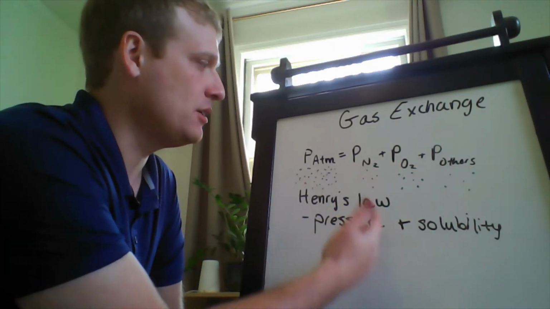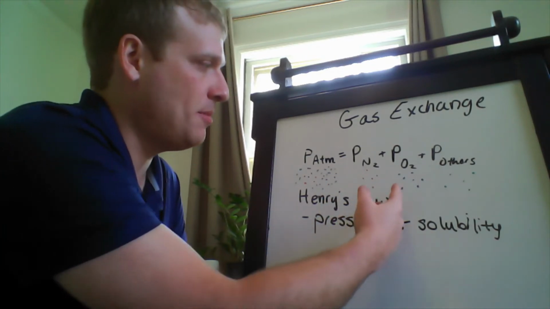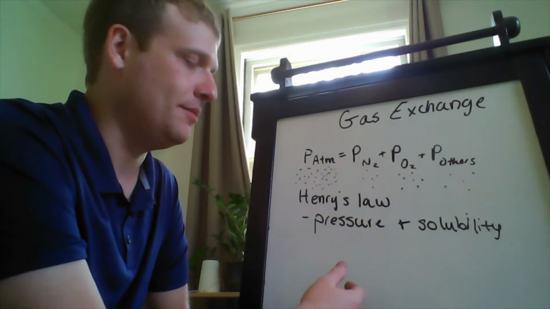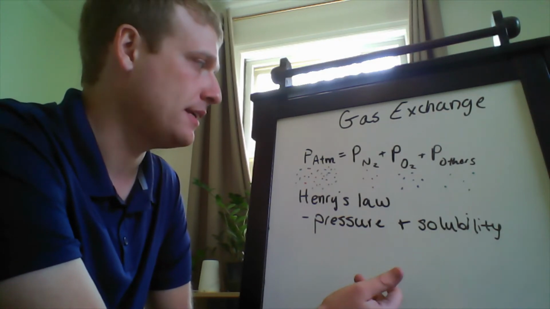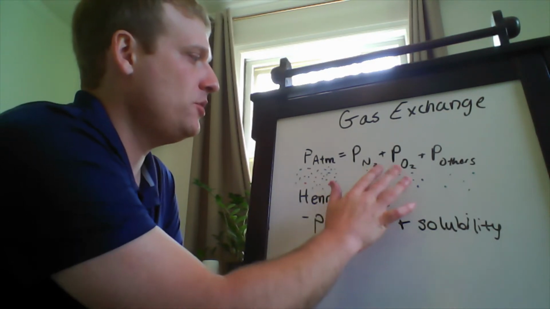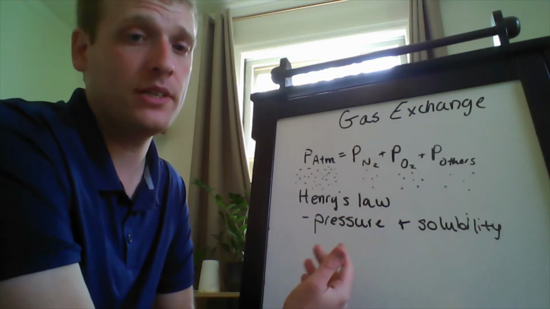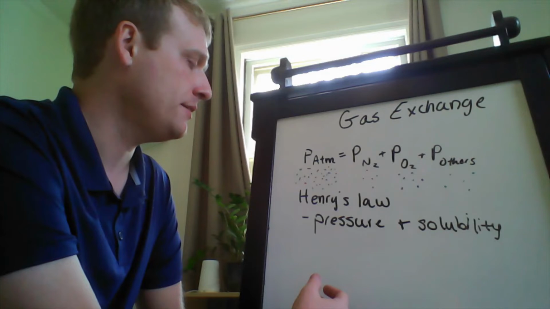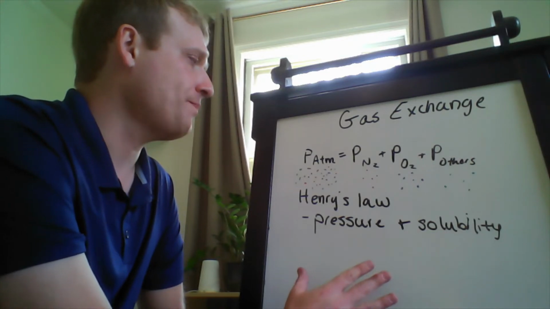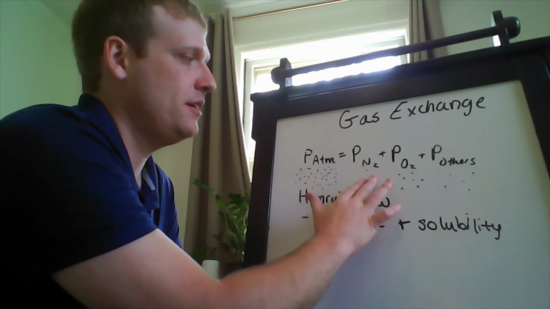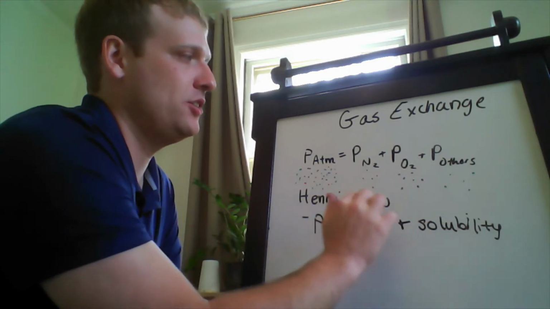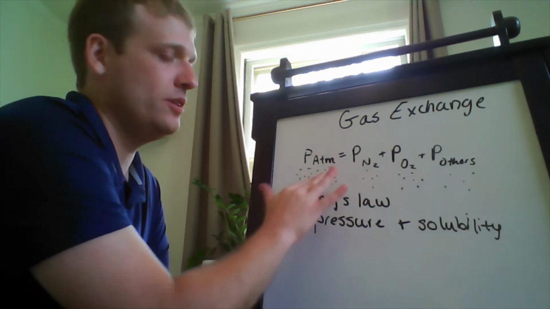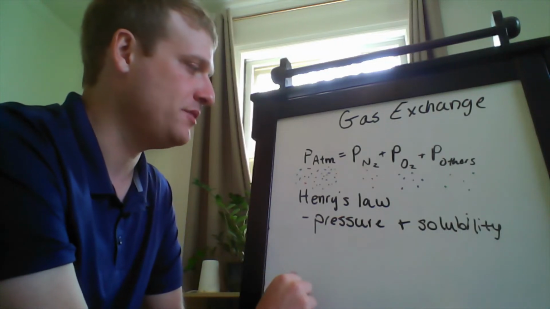In our atmosphere, it's mostly nitrogen. You have some oxygen, some argon, some carbon dioxide, things like that. But the main ones we're going to focus on are, of course, oxygen and carbon dioxide. So the pressure of nitrogen added to the pressure of oxygen and the pressure of all the other gases is going to equal the total pressure in the atmosphere.